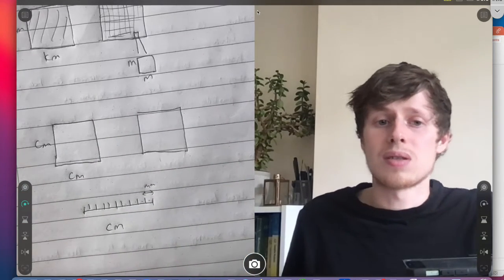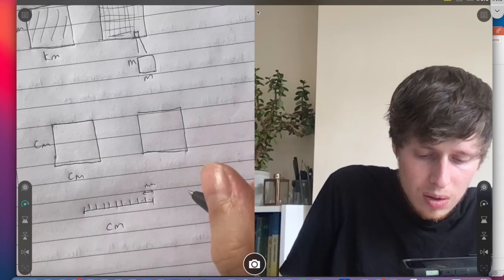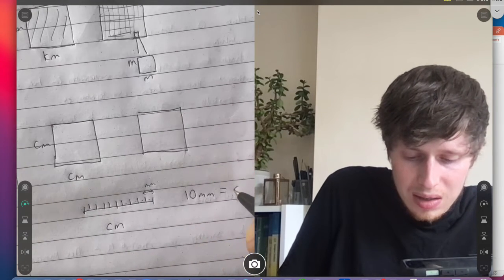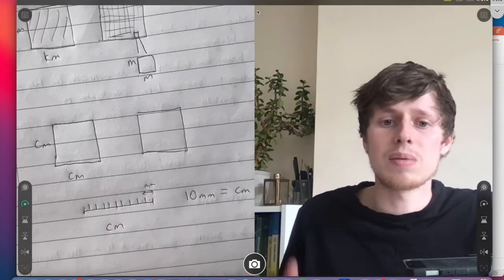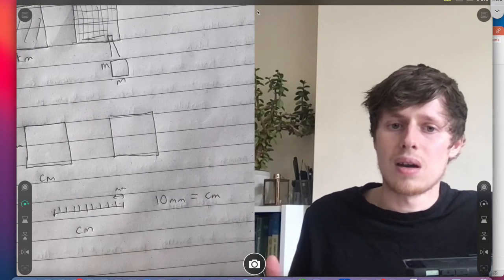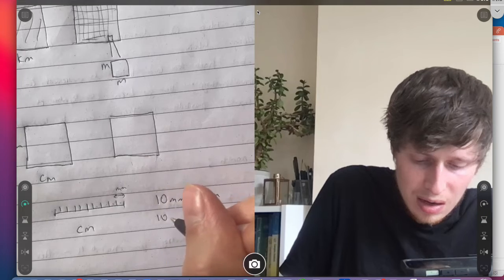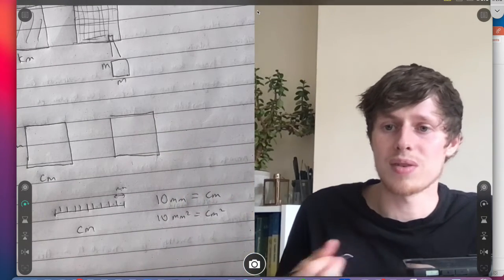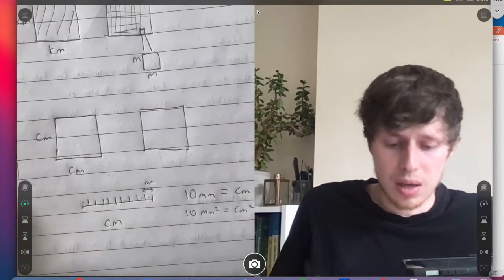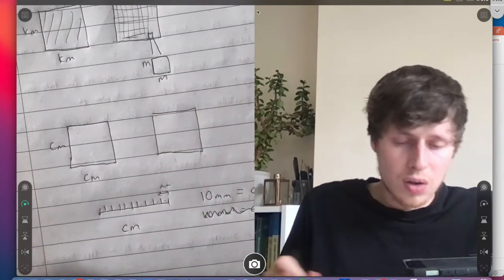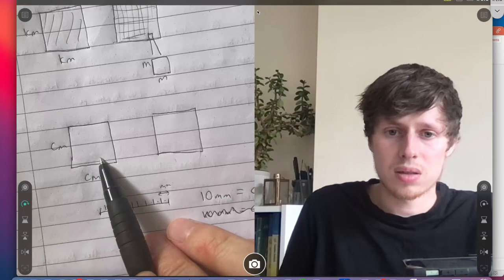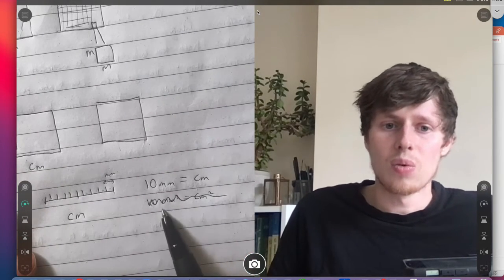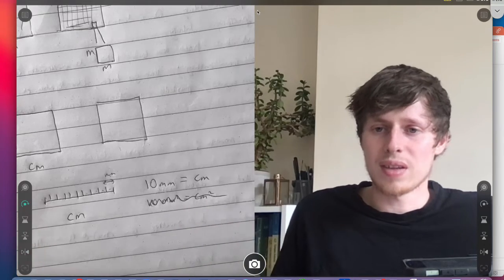Now, don't be tempted to think that because 10 millimeters is equal to a centimeter, 10 millimeters squared is going to be a centimeter squared, as if you multiply by the same number. That's not true, and we can look at it here. Sorry, I made a mistake when I said cubed; forget that. 10 millimeters squared, centimeter squared, that's how you say that.